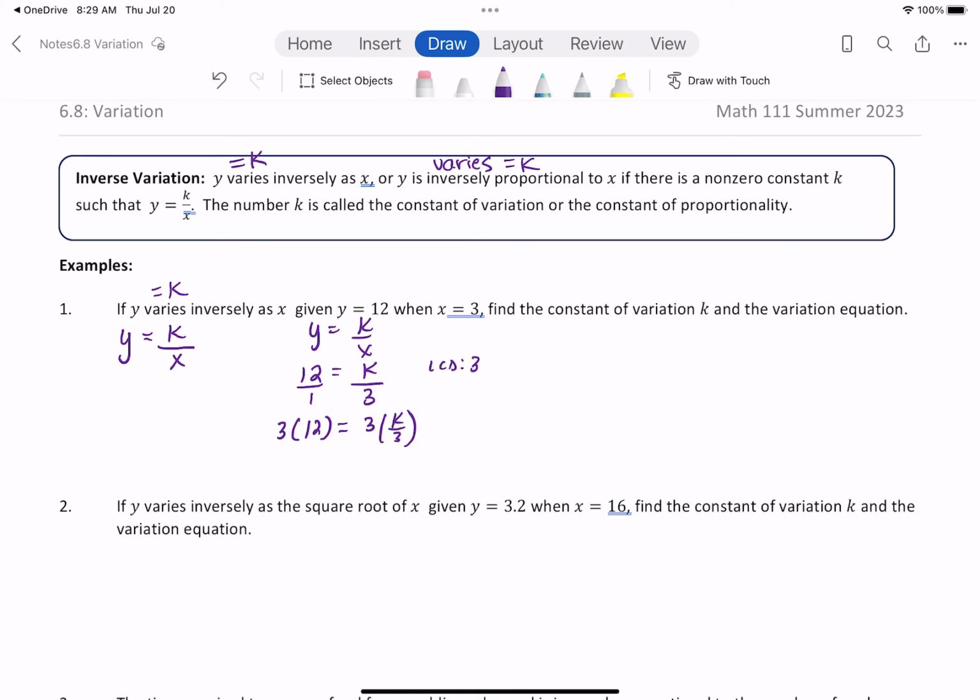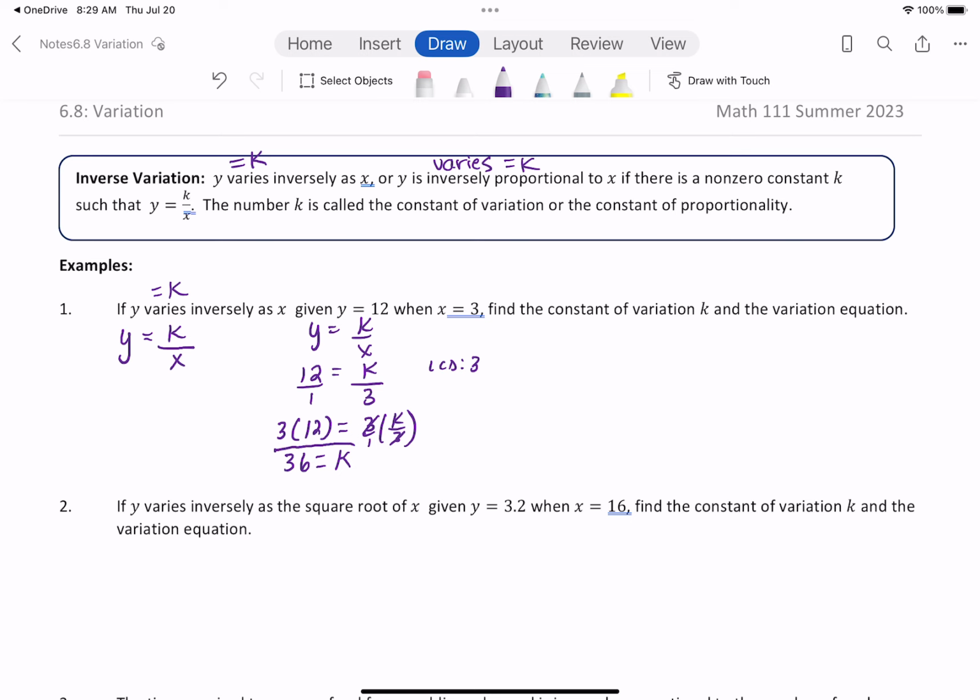On the left-hand side, there's nothing in the denominator, so we can't cancel anything. So 3 times 12 is 36. And on the right-hand side, we do have a 3 in the numerator and the denominator, so those can cancel. And now that leaves me with k.